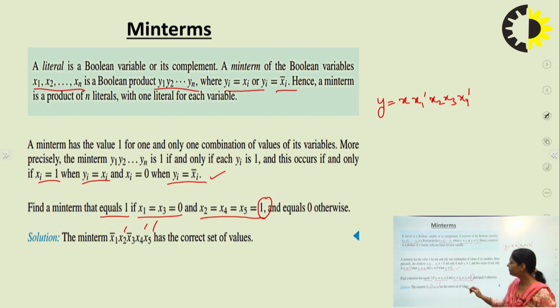Now the rest of the variables, the value of these variables is 0. That means we are talking about their complement. So that is represented by x1 complement, x3 complement, like this. The complement can be written in this manner, or it can also be written with a dash sign just adjacent to the variable at the top.